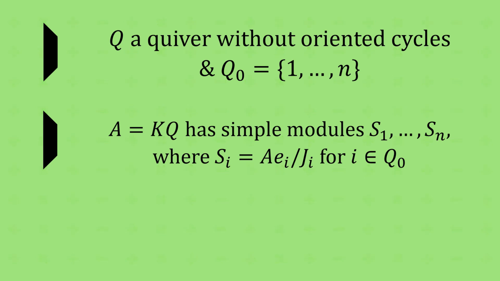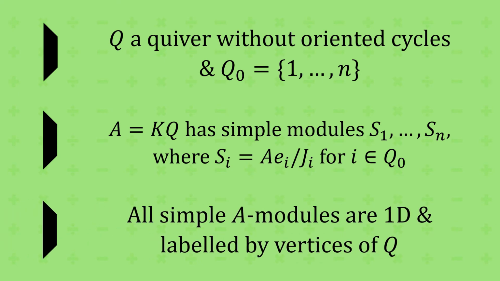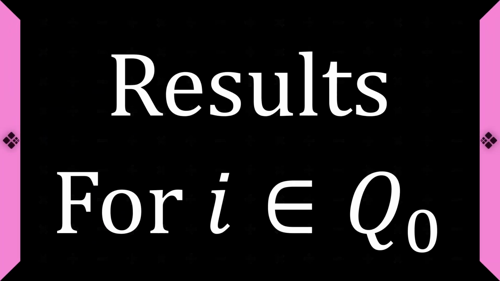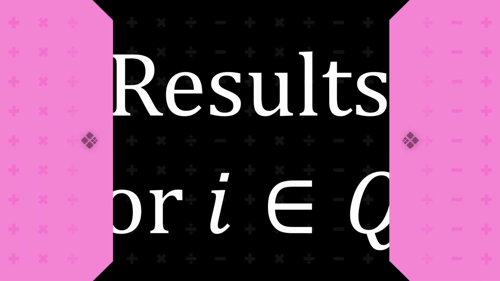Then the finite dimensional path algebra A equaling KQ has precisely the simple modules up to isomorphism given by S_1 to S_n, where S_i is equal to Ae_i over J_i for i in Q0. So all simple A modules are one-dimensional, and they are labelled by the vertices of Q.